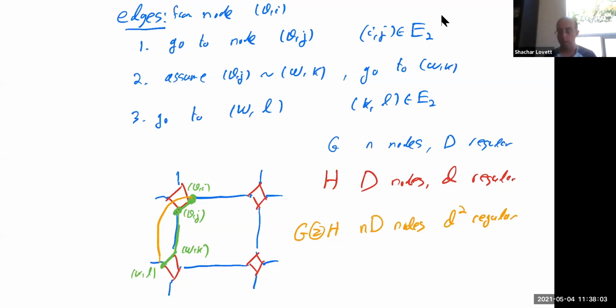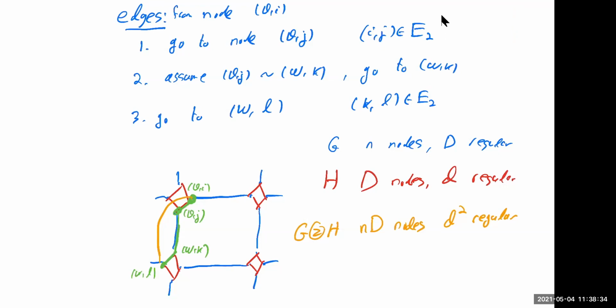Do you see what we get here? The regularity of this zigzag just depends on the small graph H, while the number of nodes depends on the big graph G. But this gives the best of both worlds. We have a way of starting with the graph G that's pretty big to begin with, and maybe has large degree, but not too large, and putting on top of it this other graph H that has even smaller degree, connecting them by this zigzag product, and getting a larger graph, which again has small degree.